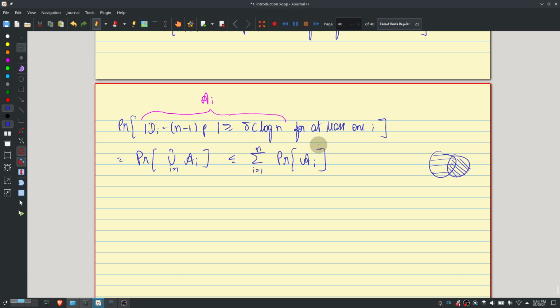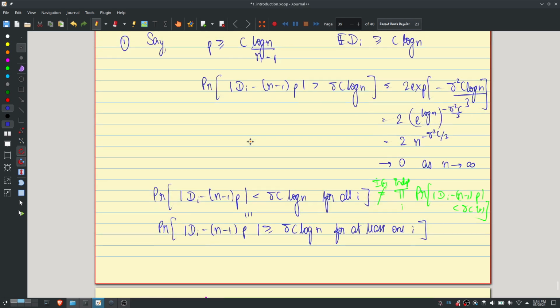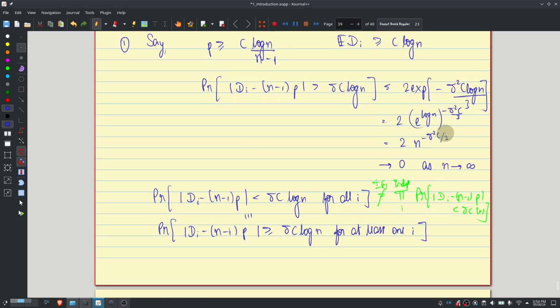Okay, so now we have an upper bound on the probability of A_i, right? What is it? This is 2 times e to the minus delta square c by 3.